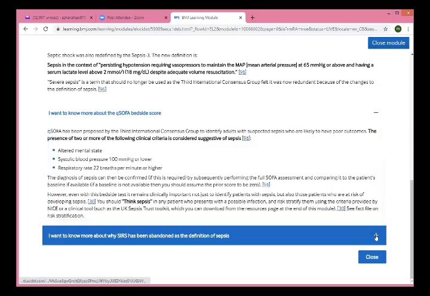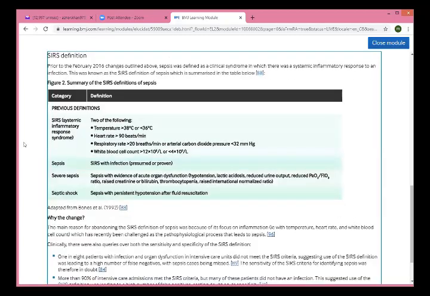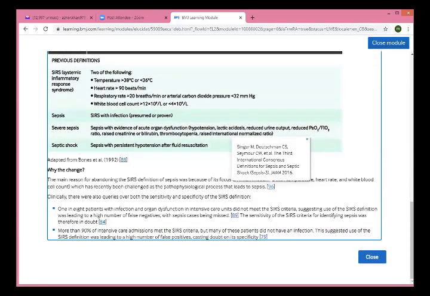So what was the SIRS response? Two of the following: temperature, heart rate, respiratory rate and white cell count. So previous definitions were these.